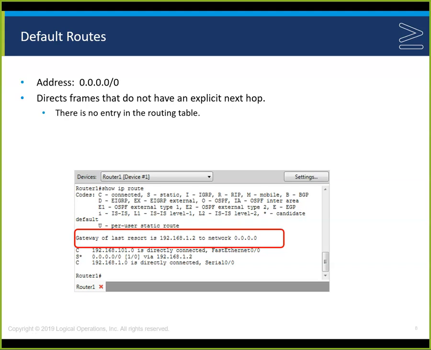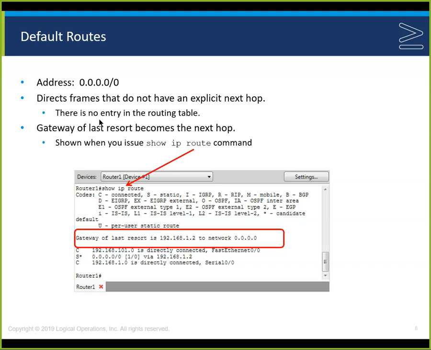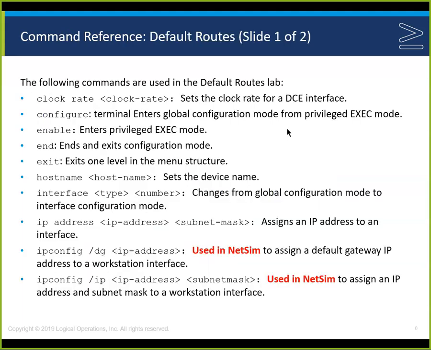That means no bits, the subnet mask 0.0.0.0. It directs frames that don't have an explicit next hop. There is no entry in the routing table for the packet that came in. There is obviously one in the routing table for the default route. Gateway of last resort shows in the show ip route command, and that's how you know that we have a default route set.